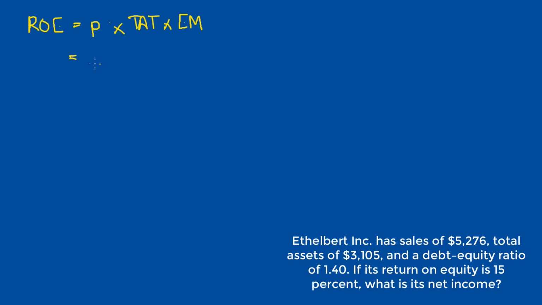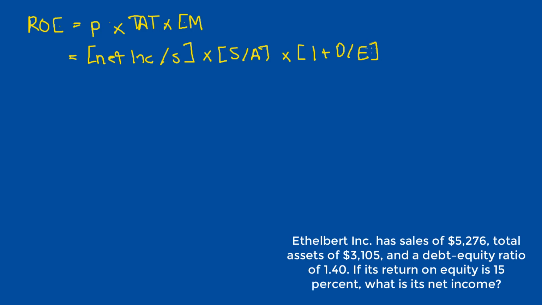And we know that the profit margin is equal to net income over sales, which we're going to use S to represent, times sales over assets times 1 plus the debt equity ratio, which is the most direct way of getting the equity multiplier for us, given our information.